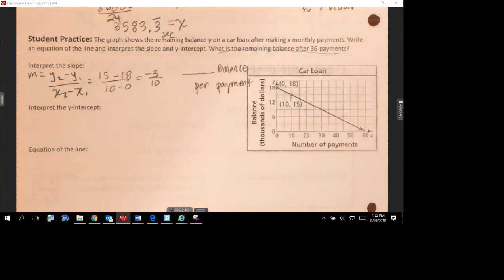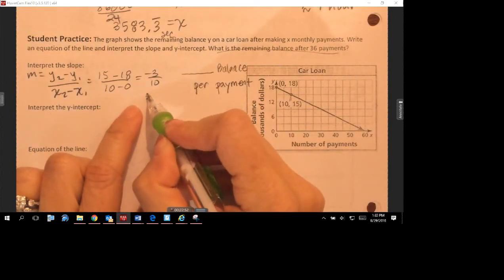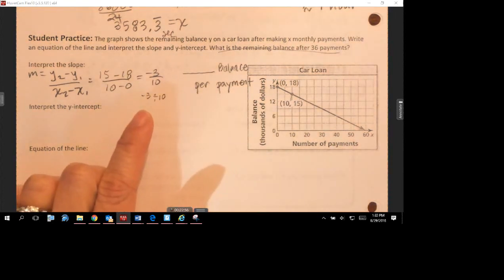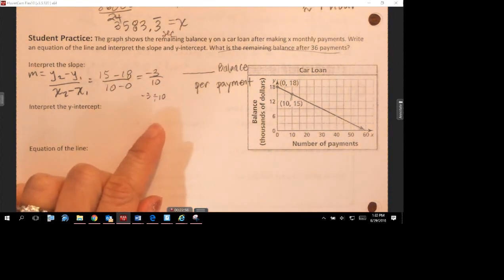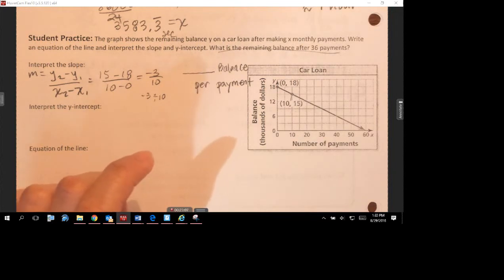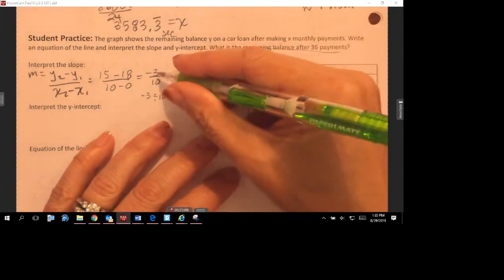So we need to divide those. I'm going to divide negative 3 divided by 10, and what do you get? Hopefully you don't need a calculator. 3/10. How do you write that? 0.3. Just 0.3. And it's going down.